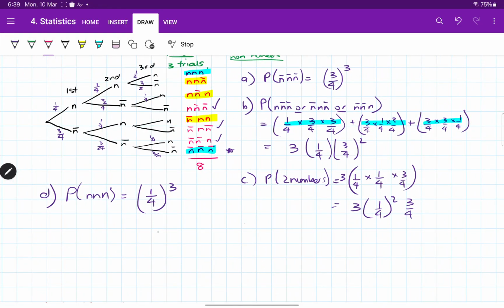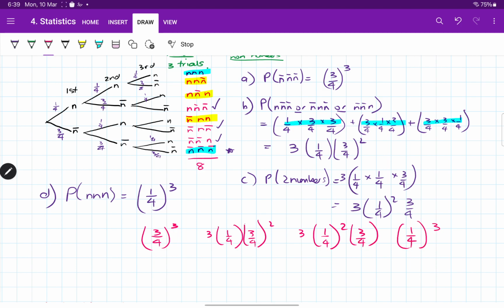Okay, so 3/4 to the power 3. 3 times 1/4 times 3/4 squared. 3 times 1/4 squared times 3/4. And 1/4 to the power 3.